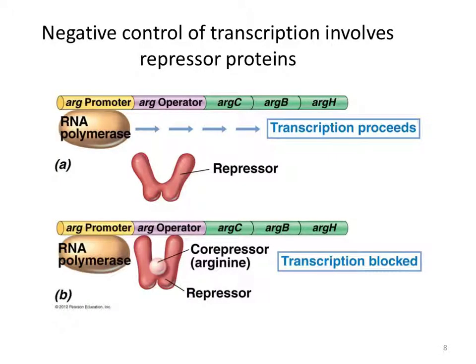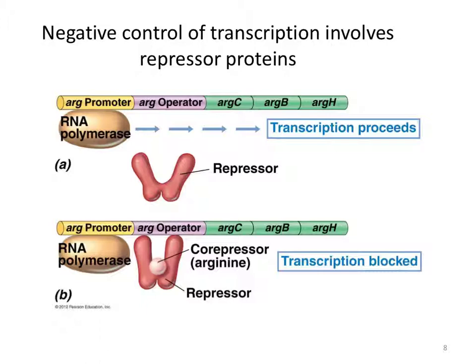Here is a diagram of the arginine biosynthesis operon. Remember that an operon is a group of genes located side by side, all regulated by the same promoter, and all transcribed consecutively, producing one piece of messenger RNA that is the primary transcript. This is then cut into individual messenger RNA transcripts for translation. So shown here is the arginine biosynthesis operon.